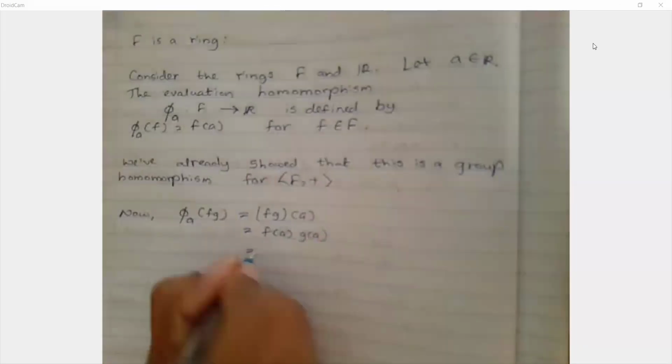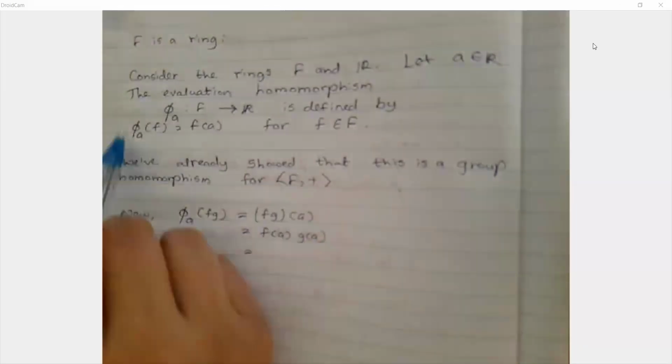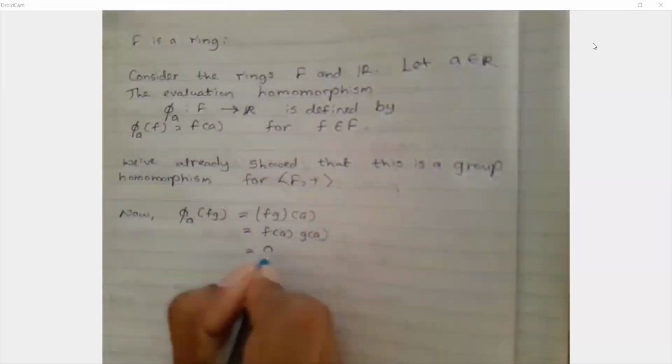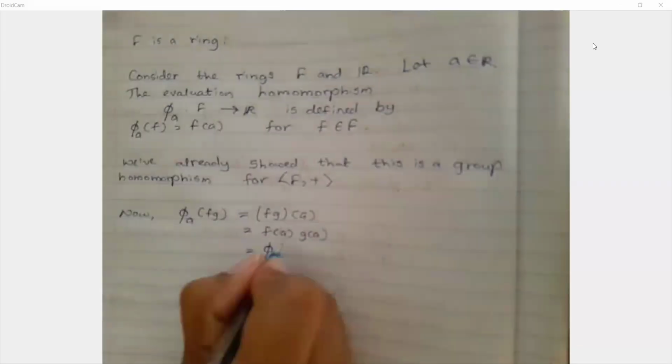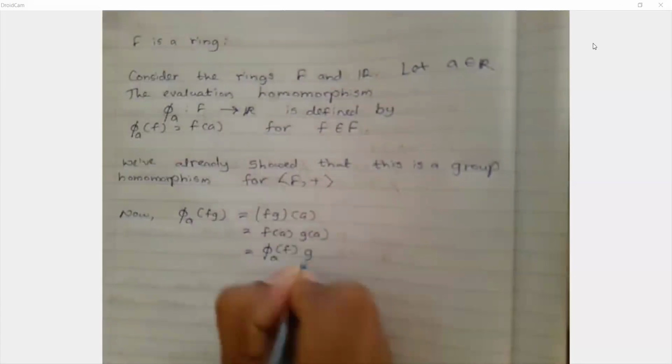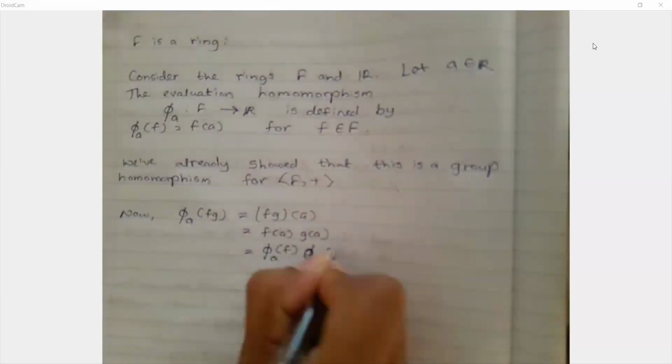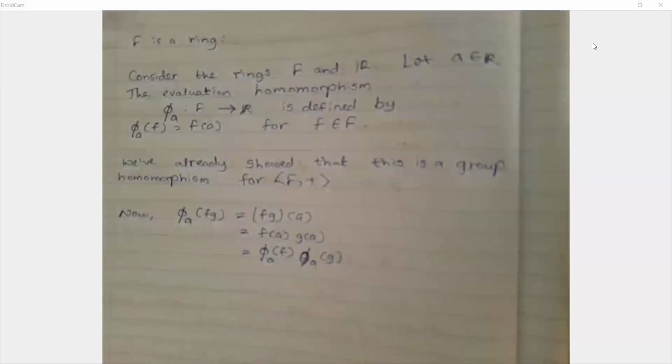And f of A, once again going back to the definition of this mapping, is simply phi sub A of f times phi sub A of g, exactly what we wanted to show.